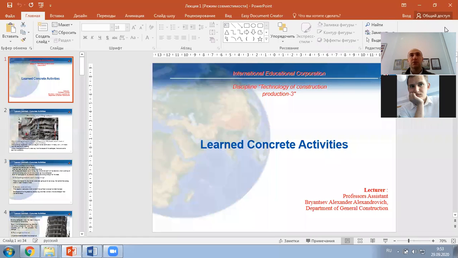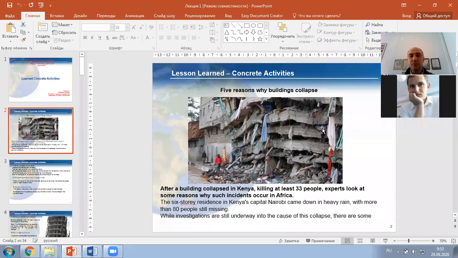And actually not only those mistakes, but in combination with weather and climate problems, with climate impact. So in combination they create together some problems for several buildings.